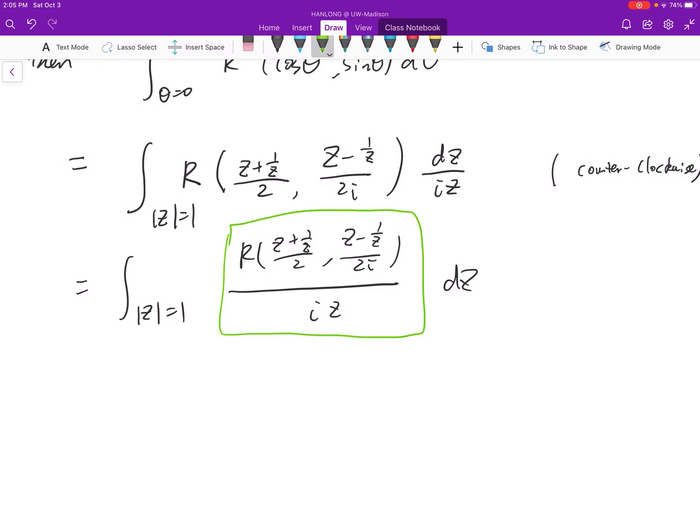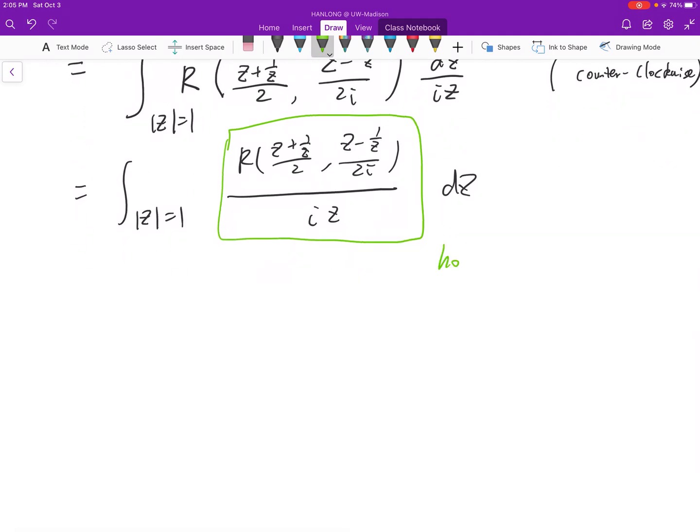Of course, it's holomorphic except at certain points, not on the circle.